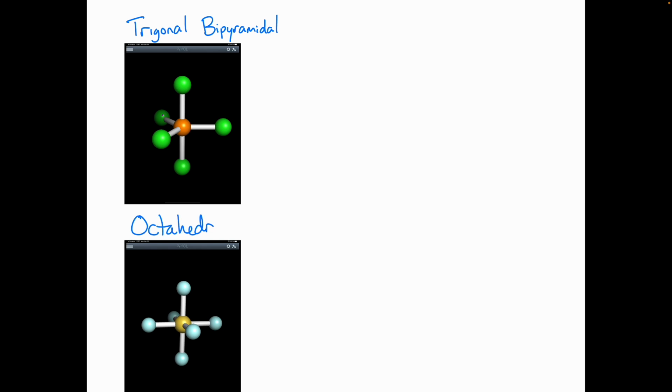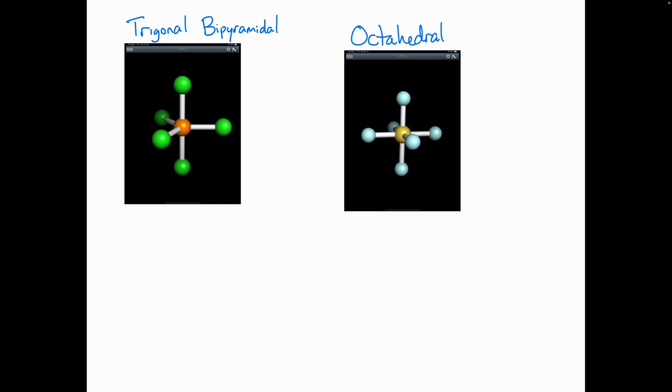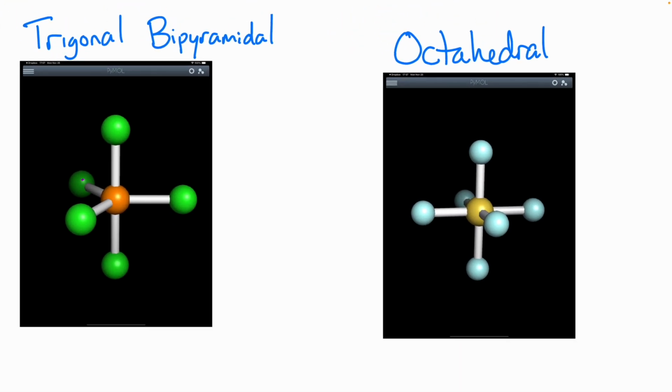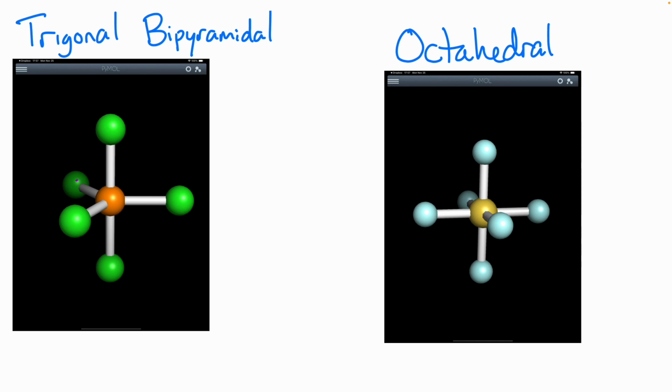Octahedral. All right, so I'll zoom in on these here as much as I can, but I want you to see if you can figure out how to do the perspective drawings for these two molecules right here. Using those straight-lined, dashed, and wedged bonds, how are you going to show these two geometries?